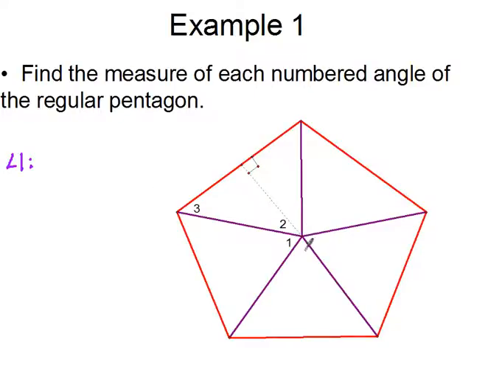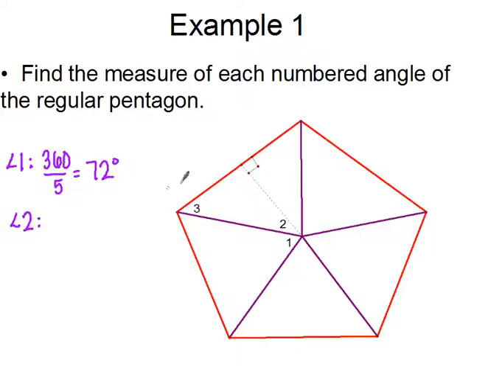So if you remember, in the middle, all of the angles have to add up to 360. So we take 360 divided by 5, and that gives us the measure of angle 1. Alright, so 360 divided by 5 gives us 72 degrees. So angle 1 is 72 degrees.